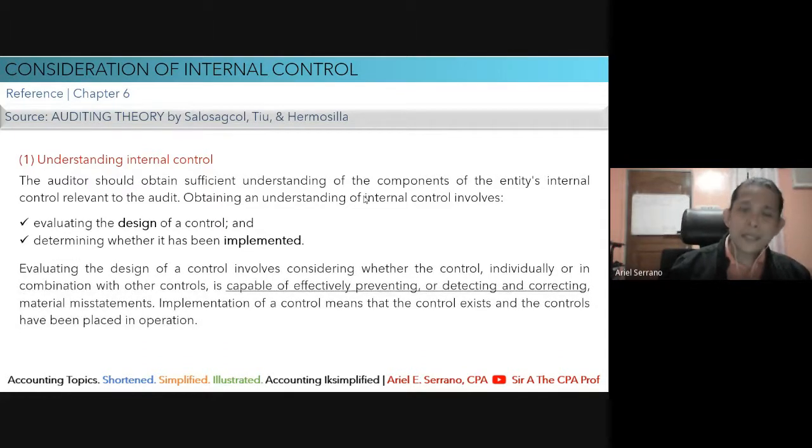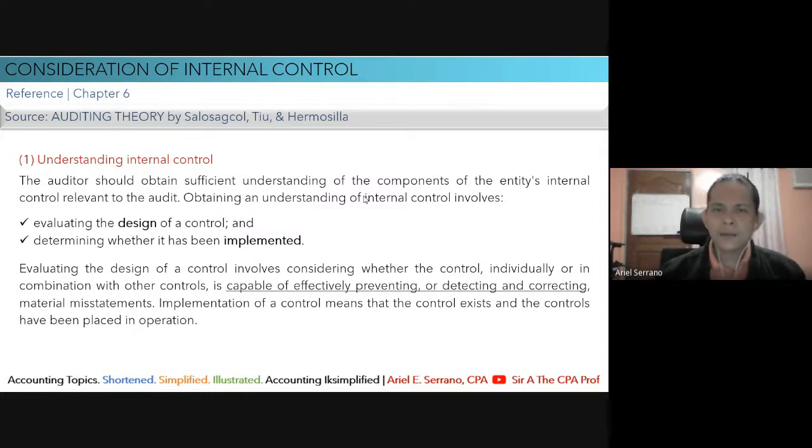Now, evaluating the design of a control involves considering whether yung control individually or in combination with other controls is capable of effectively preventing or detecting and correcting material misstatements.